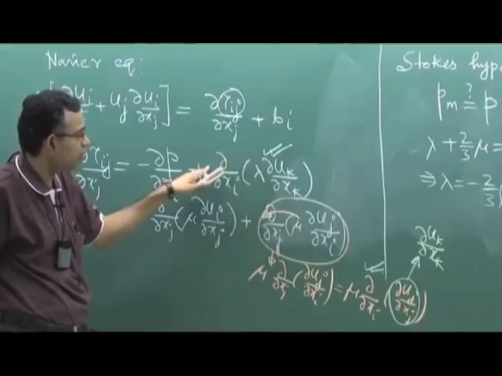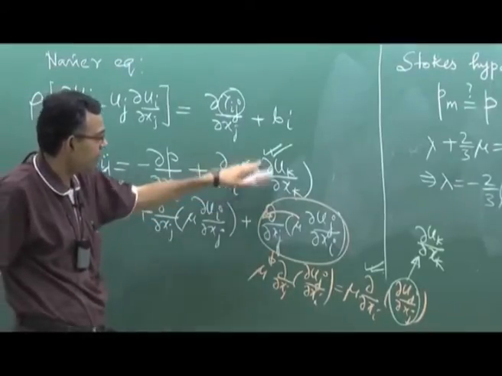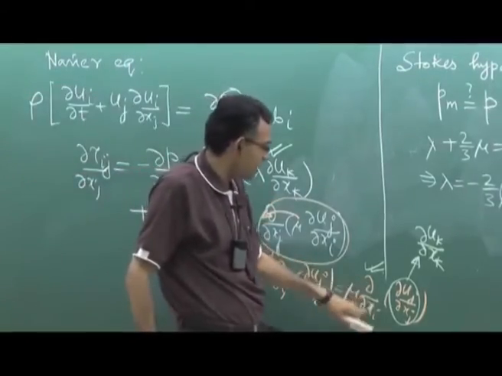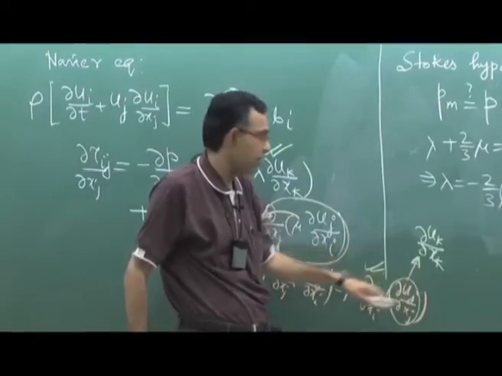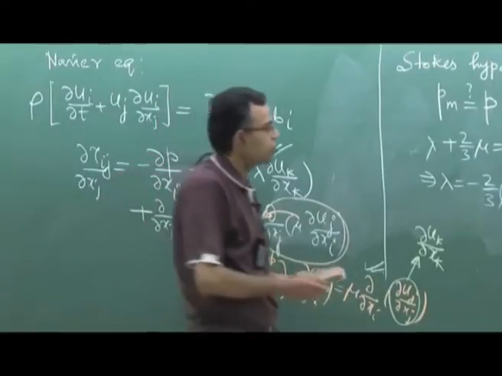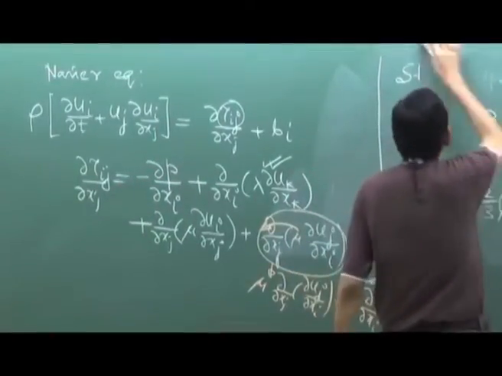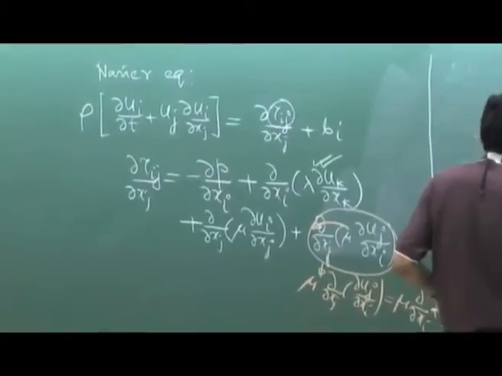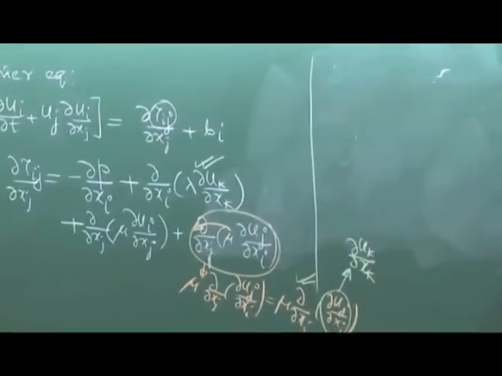So, you take lambda out of this. So, del del xi of del uk del xk plus del del xi of del uk del xk. Here the coefficient is lambda and here the coefficient is mu. So, with this we can write the next step.